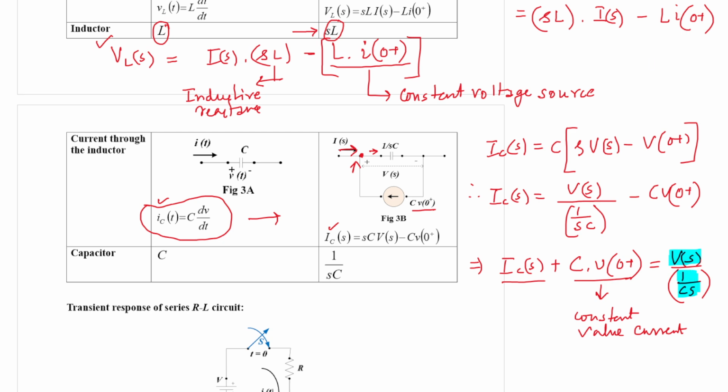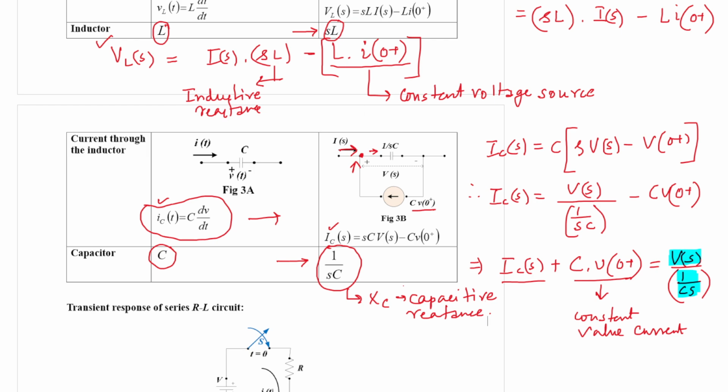It is quite an important observation you must make: when a capacitor is there in the time domain, it must be represented as 1 by SC in the frequency domain. It is the capacitive reactance, XC.